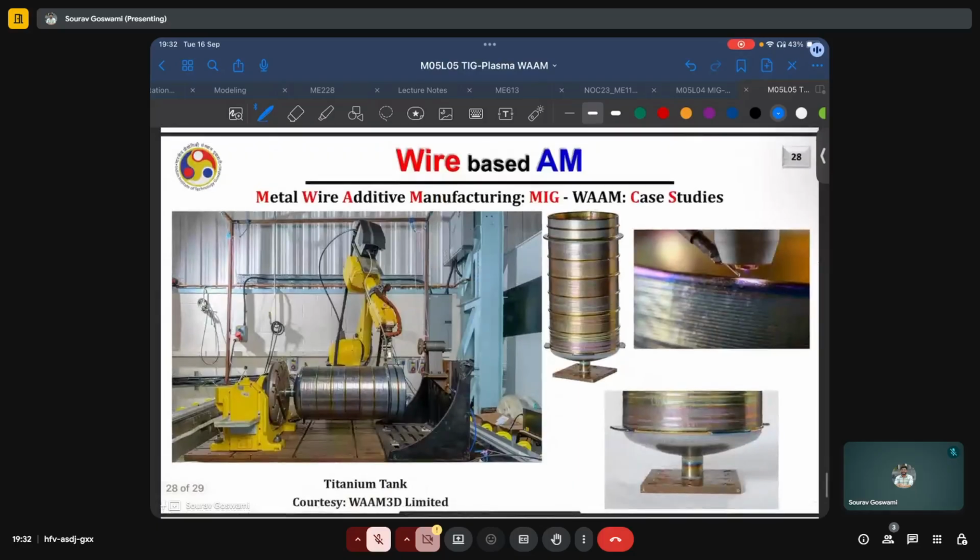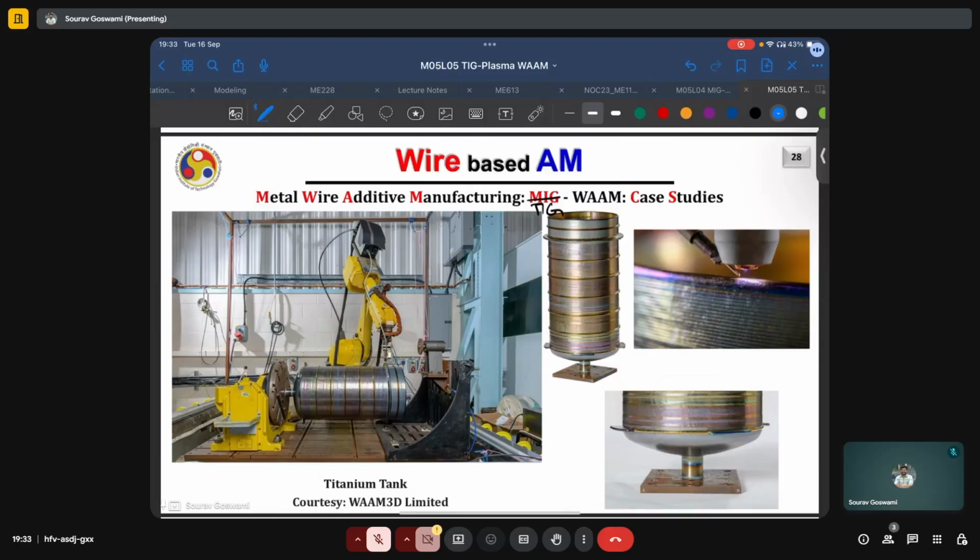And here we have a few examples of industrial scale parts printed using this TIG WAAM, such as in this case. We have an example of this titanium tank, which may be used as a pressure vessel and is truly of industrial scale.